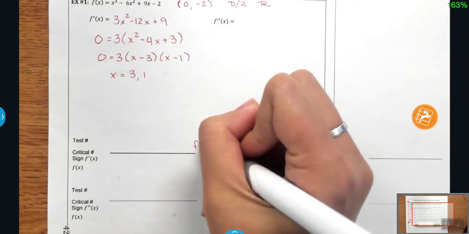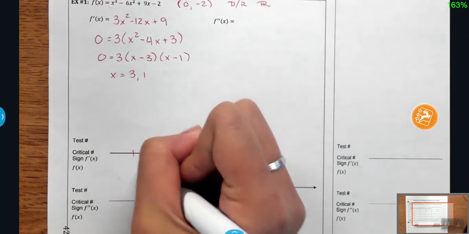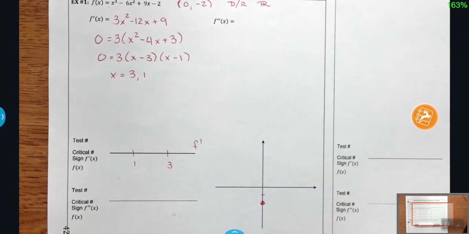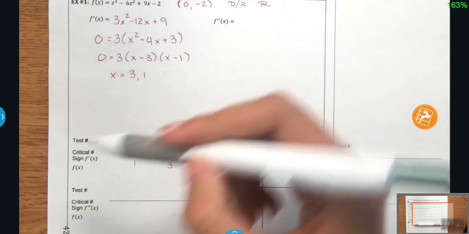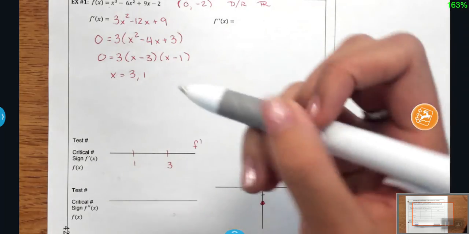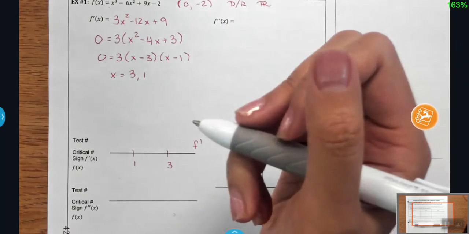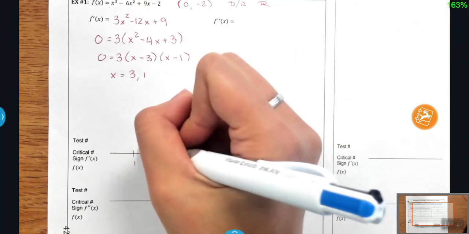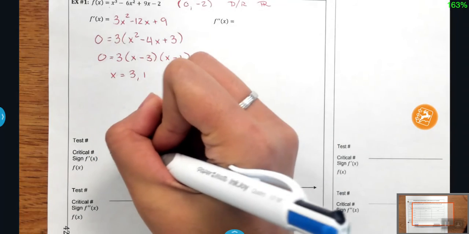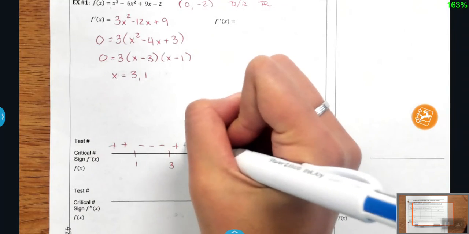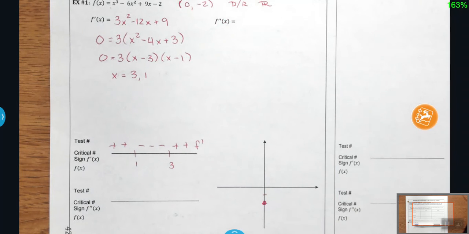then I've got f prime and 1 and 3. What are my signs? Positive, negative, positive. What does that mean for the f of x graph?